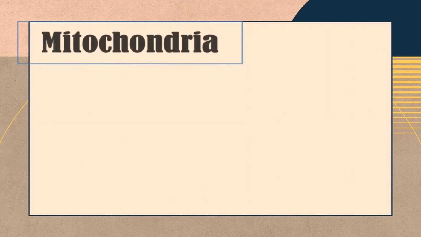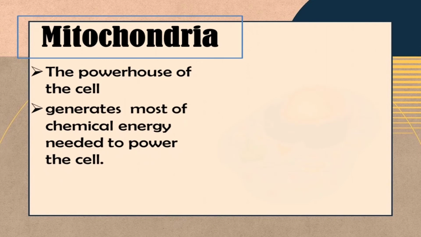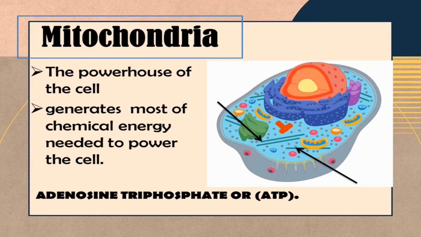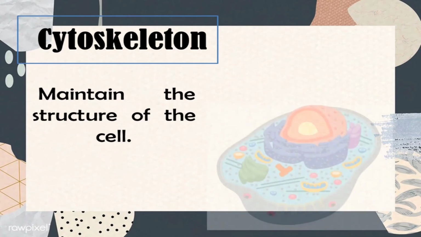Mitochondria is known as the powerhouse of the cell, an organelle where the process of respiration takes place. This is where carbohydrates and fats, the fuel, are converted into ATP, or adenosine triphosphate. Cytoskeleton. The function of the cytoskeleton is to maintain the structure of the cell.